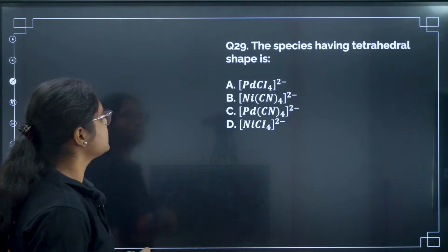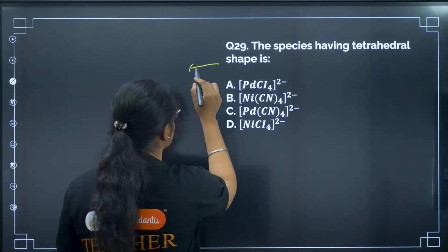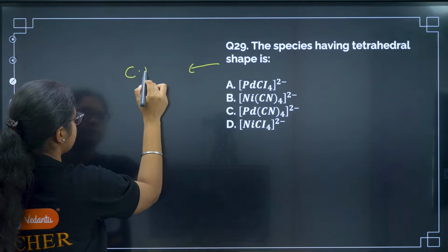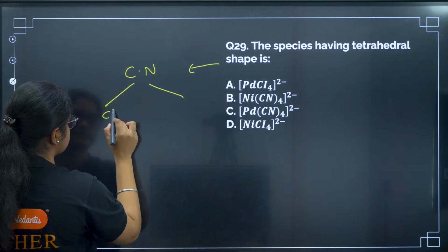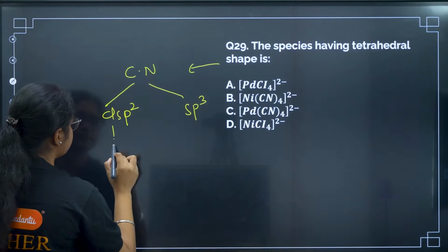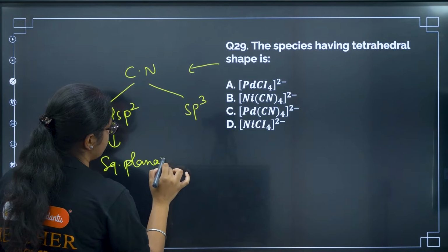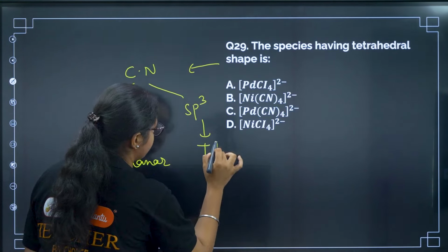Next, the species having tetrahedral shape is, okay, here also for coordination number 4 we have two types of hybridization, dsp2 and sp3. dsp2 gives us square planar and sp3 gives us tetrahedral, right?